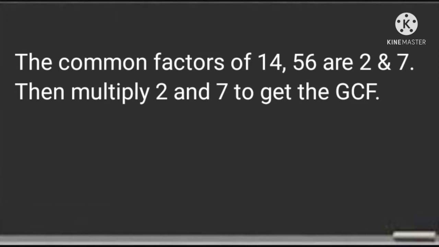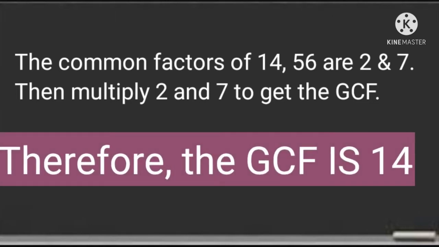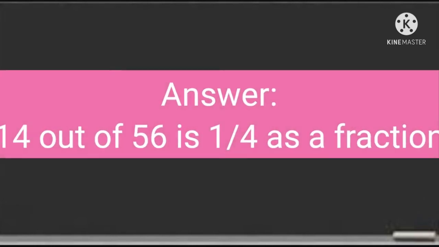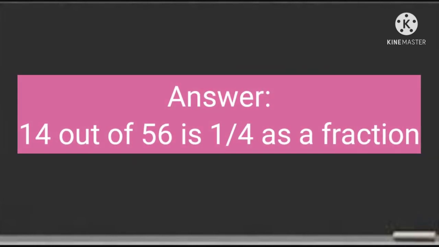Then, multiply 2 and 7 to get the greatest common factor. Therefore, the greatest common factor, or GCF, is 14. And for the answer, 14 out of 56 is 1/4 as a fraction.